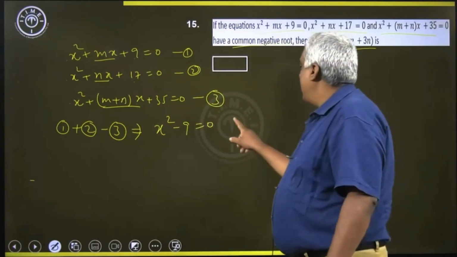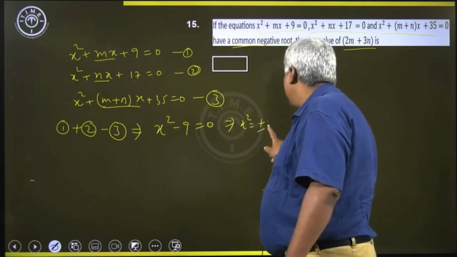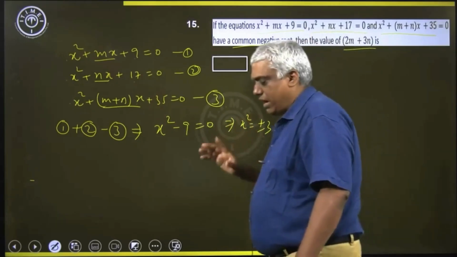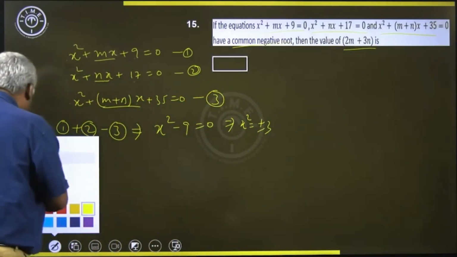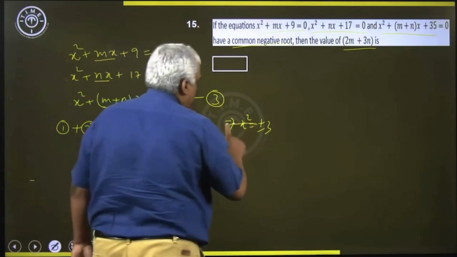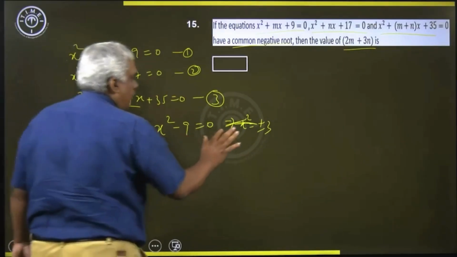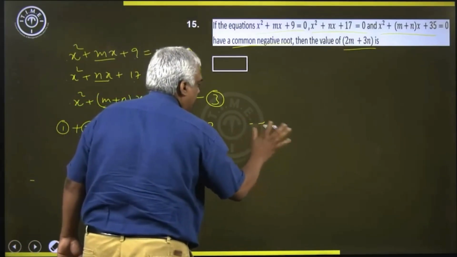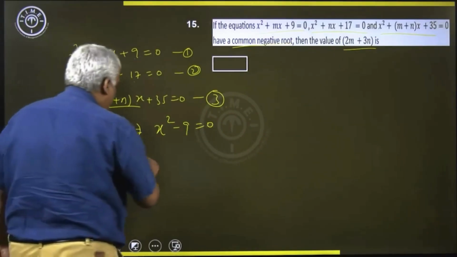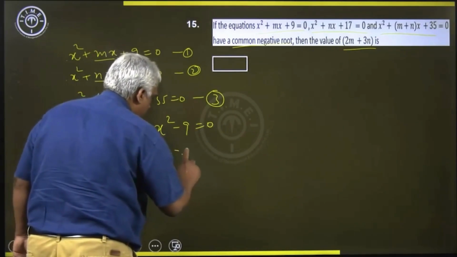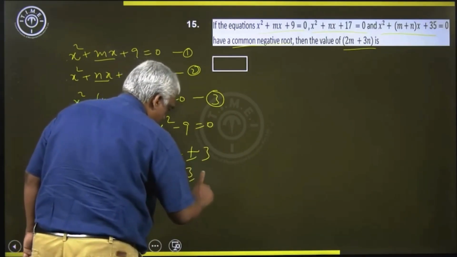Okay, so I'll get x square equals to plus or minus 3, right? Sorry, my mistake. x will be plus or minus 3, not x square. So x equals 3 or minus 3.